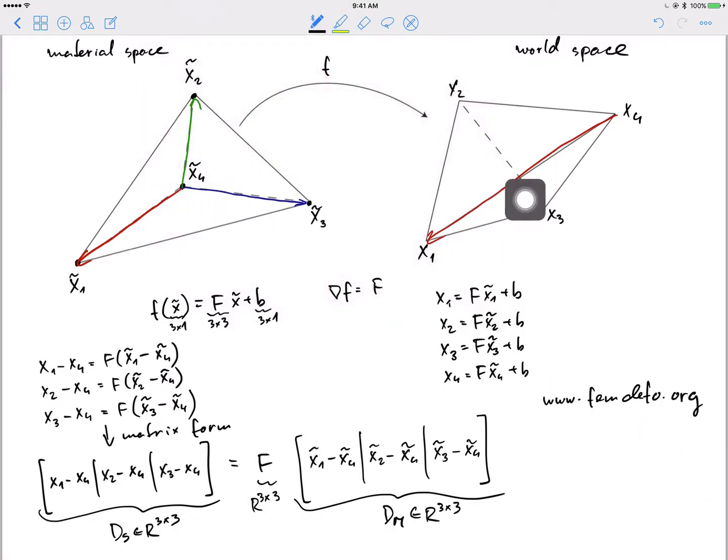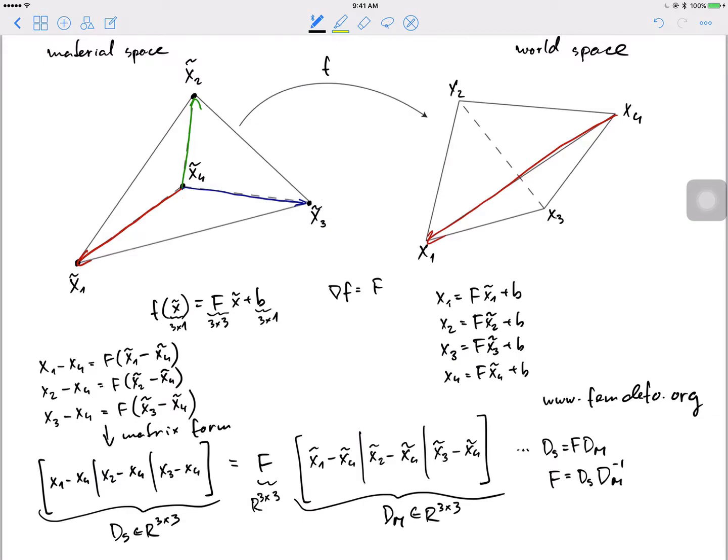Which is the linear FEM, that's basically what everybody's using because it's so convenient. So this equation is Ds equals F Dm, right? All of them are 3x3 matrices. So if I can invert the Dm, which I should be able to, then F equals Ds Dm inverse, okay?